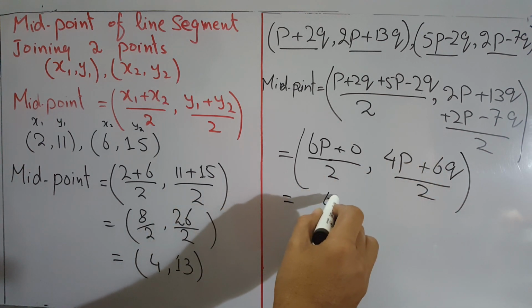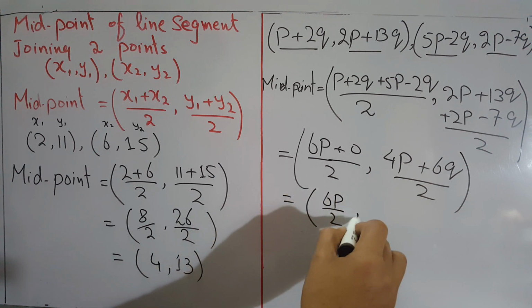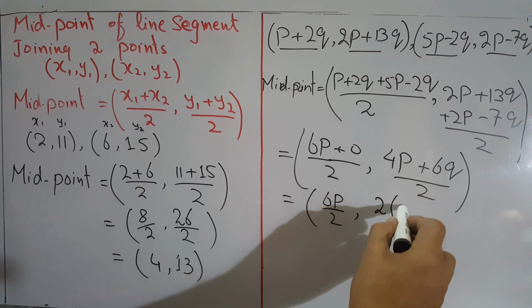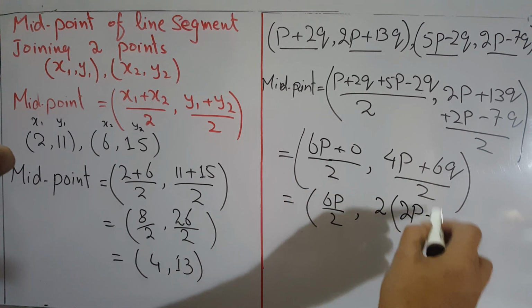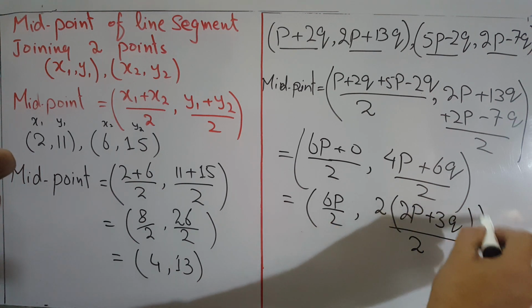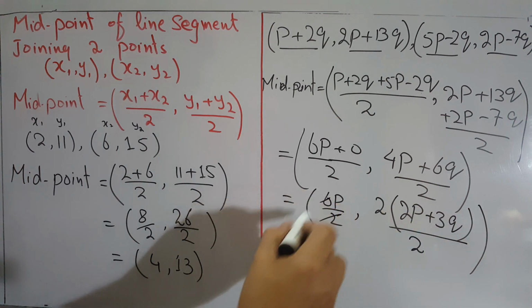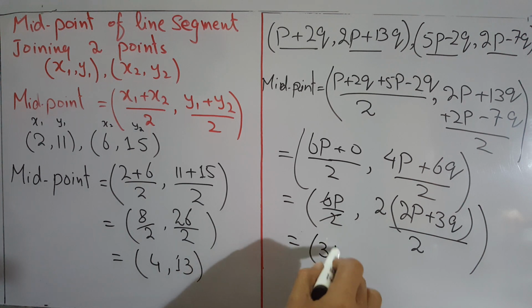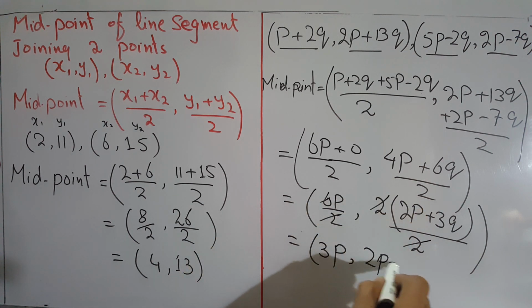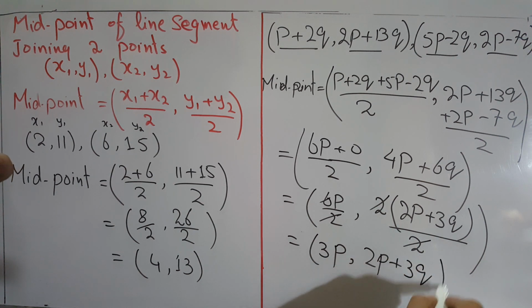You can write this and take a common 2 from here. So here is 2P left and here is 2Q left. This 2 will cancel this one and you're left with 3P. This 2 will cancel this one and you're left with 2P plus 3Q.